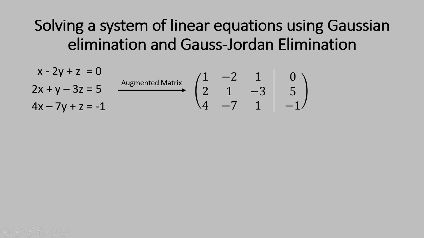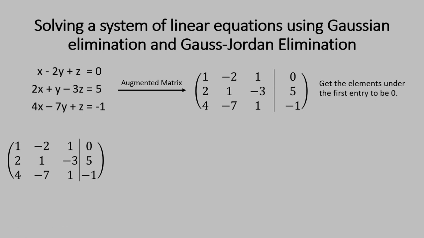Now, how can we do that? If we multiply this 1 here by 2, that gives us 2, and if we subtract, 2 minus 2 is 0. So that's how we'll do it. We're going to multiply the entire row 1 by 2 and then subtract that from row 2.